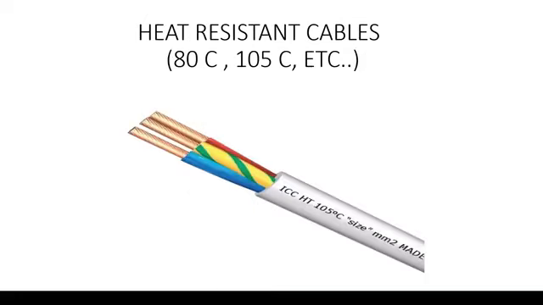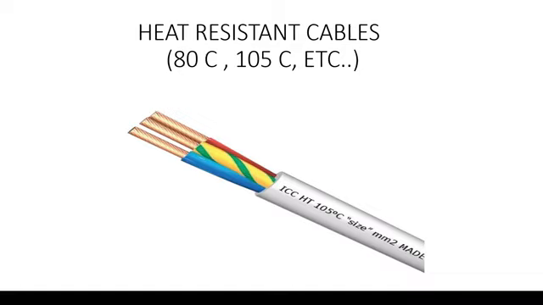The second type are heat-resistant cables. These cables are usually used for terminating the wire to the final fixtures, such as light fittings, water heaters, fan coil units, things which tend to be hot or tend to have a higher temperature during normal operation.